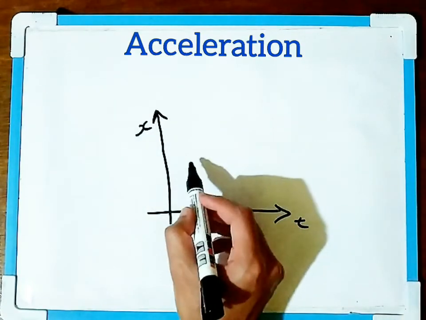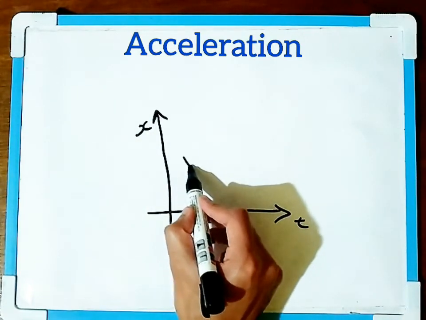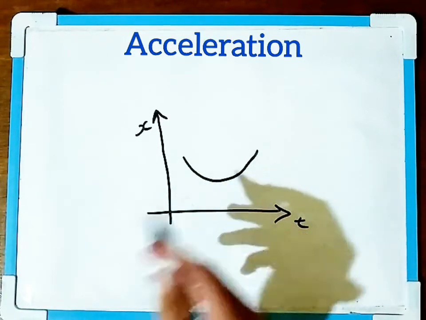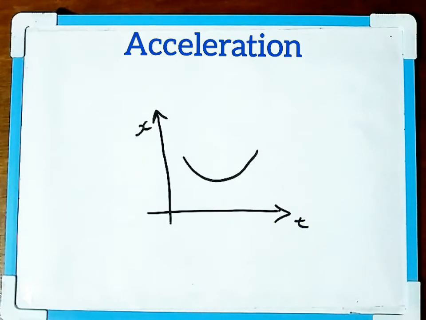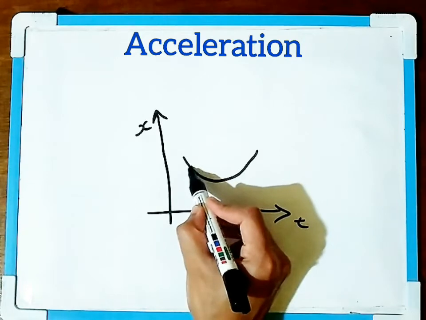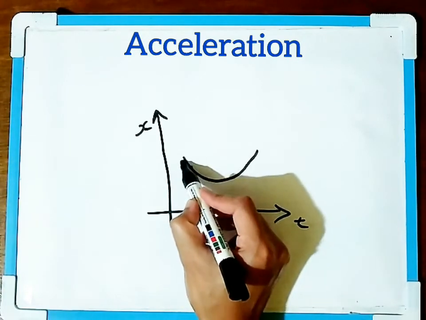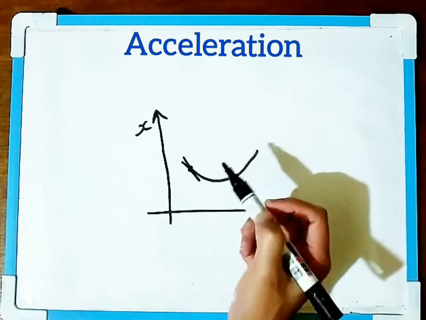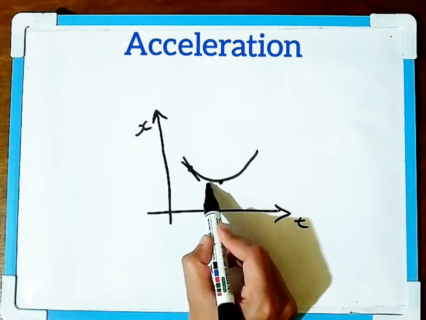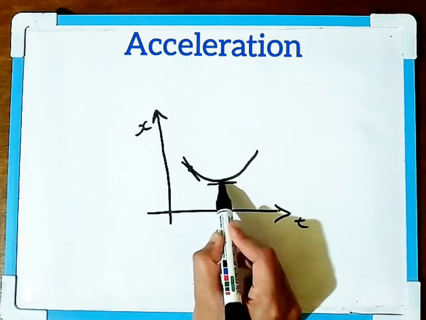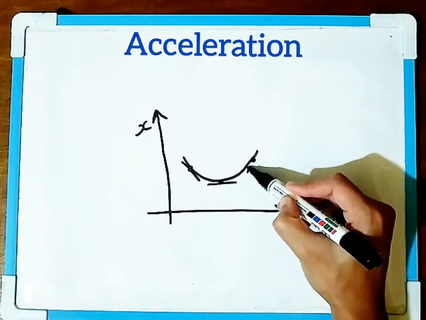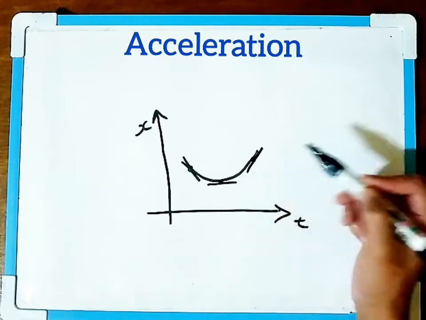In this position-time graph you can see that the curve is in the form of a parabola, and the instantaneous velocity at this point is given by the slope of the tangent drawn at that point, and likewise at this other point.